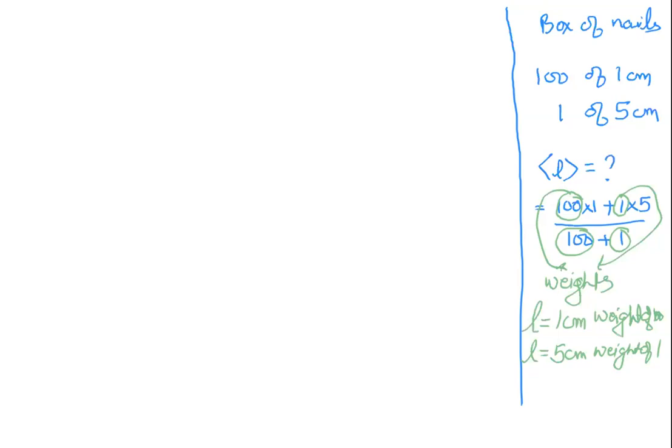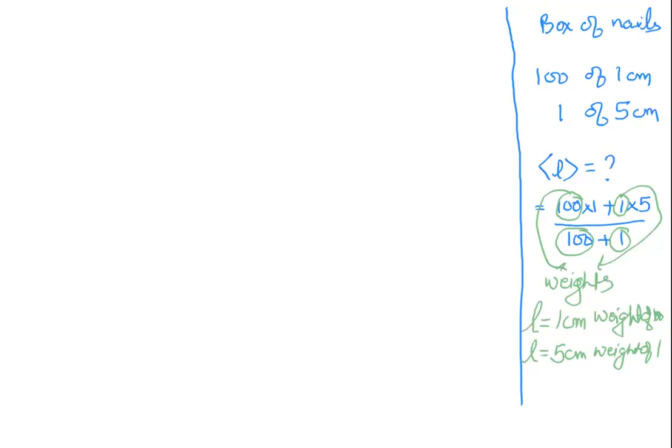Now, without actually working it out mathematically, I want to come to a conclusion: if in this box there are 100 nails of 1 centimeter and one nail of 5 centimeter, and if I work out the average, which I'm not really going to do, what will be the value of the average?